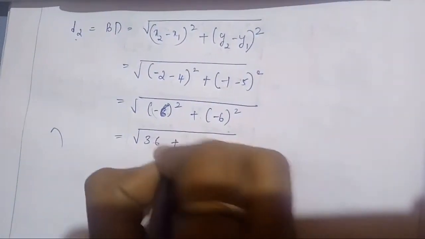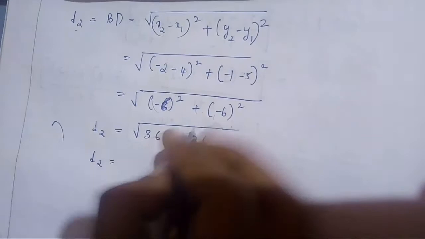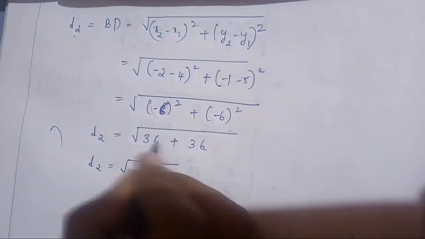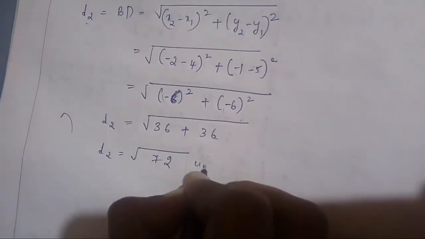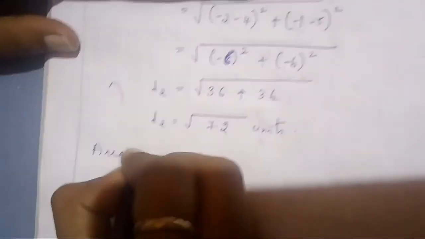That is 6 square is 36 plus 6 square is 36. D2 is equal to square root of 72 units.